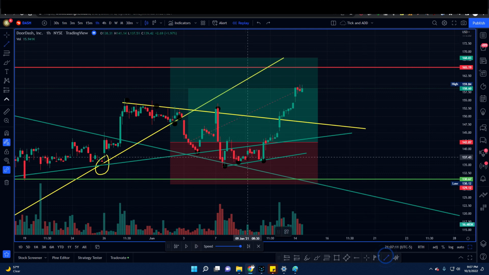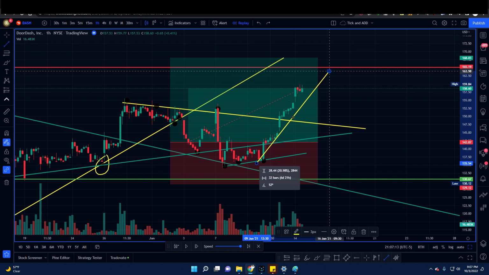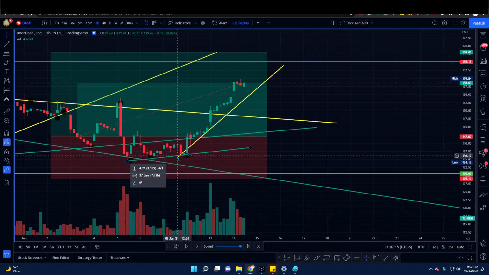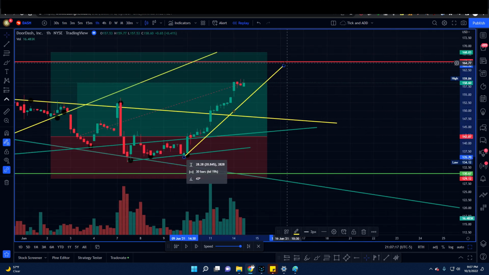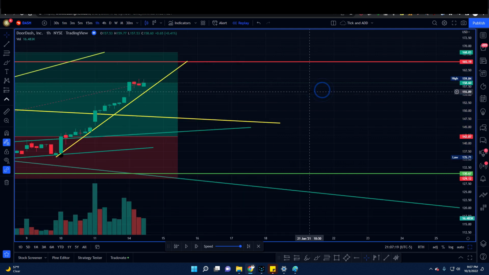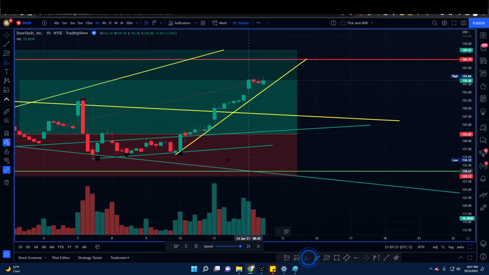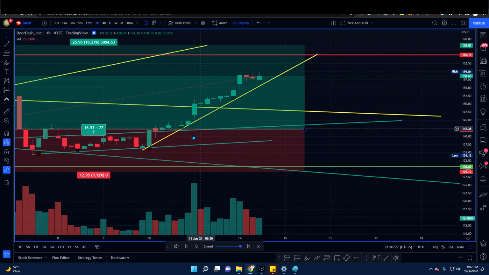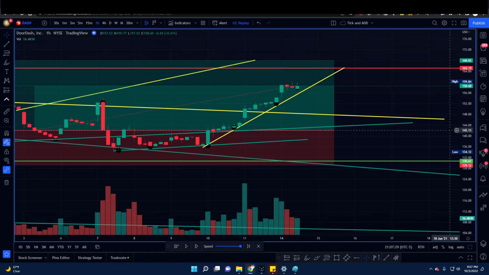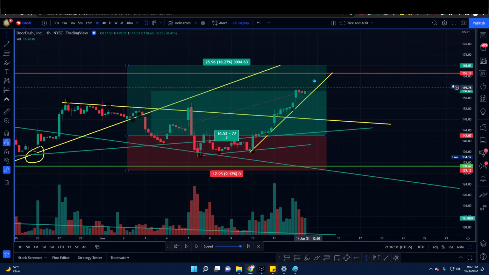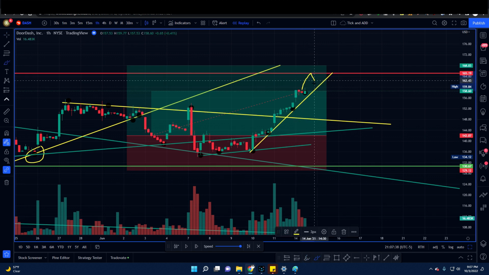Okay, we have another trend line here that's popping out at us. Hasn't really been tested a lot, but it is sloping up, and we would expect there to be buying around this area. Okay, but we don't know how serious it's going to be, especially approaching this here. We could do something like this.